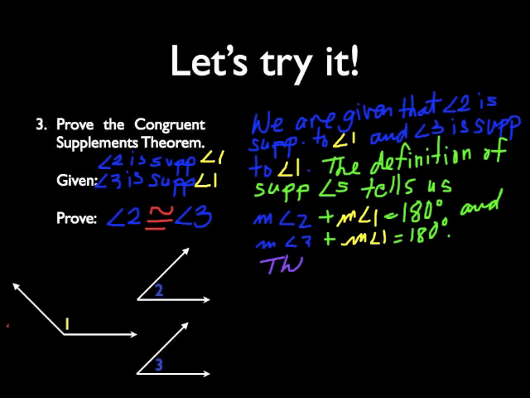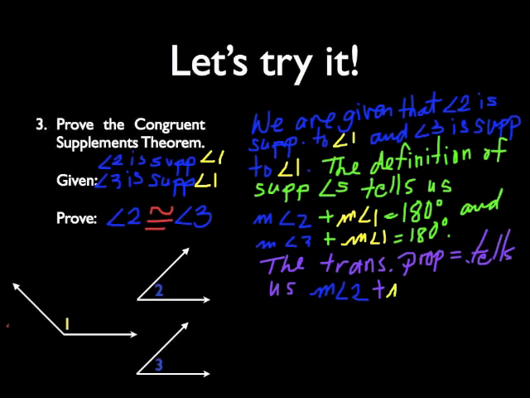Namely, the transitive property. So we can say that the transitive property tells us that the measure of angle 2 plus the measure of angle 1, so that's our A, has to equal our C, which is the measure of angle 3 plus the measure of angle 1.